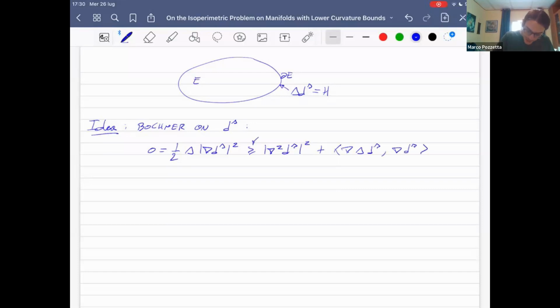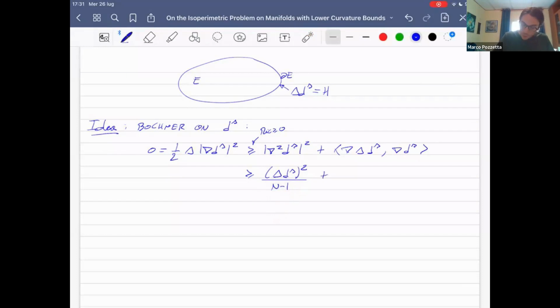Because here I am using Ricci non-negative, I can go on with this inequality, estimating from below the Hessian by the Cauchy-Schwarz inequality. I can put here Laplacian of the distance function squared over n minus 1. Here I'm using Cauchy-Schwarz in order to estimate from below the squared norm of the Hessian. And here it appears n minus 1 and not n, because one eigenvalue of the Hessian of the distance function is 0, so I only count n minus 1 non-trivial eigenvalues.